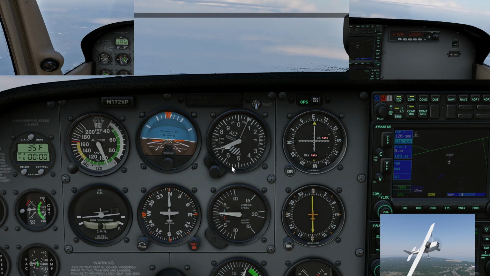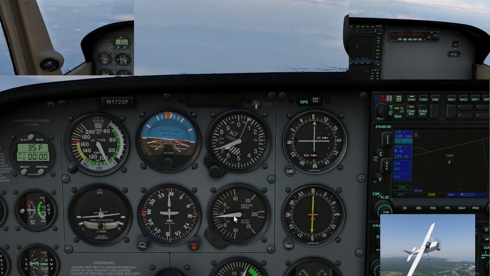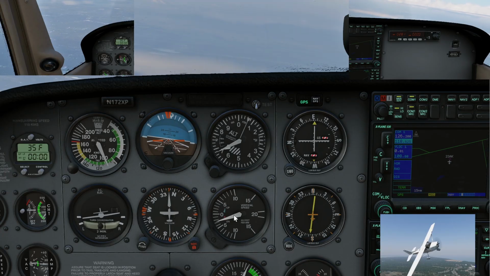I'm going to take some of the power out so that we can get back down to 6,500 feet. Vertical speed indicator shows a descent. I'm just doing half standard right here. Looking for 312.